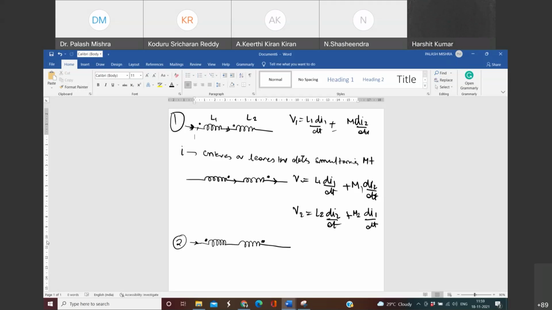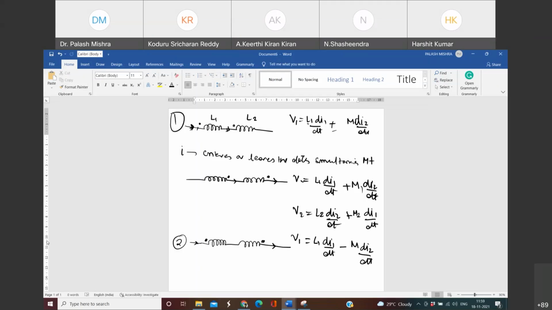Here it is entering the dot, but here it is leaving the dot. So the effect of mutual inductance will be negative. So it will be L1 di1 by dt minus M di2 by dt. Whether it will oppose L1 or support L1 is decided by the dot convention.